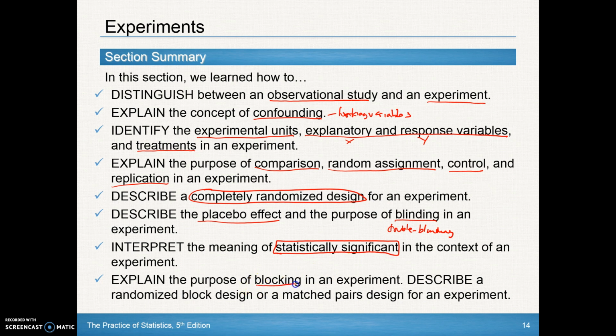And then the purpose of blocking an experiment, again, is to make sure that we do have representation from different groups. That's where we have the randomized block design versus a matched pairs design. A matched pairs design can be done one of two ways: either matching the experimental unit up with a similar one in the group, or simply doing both treatments on the same experimental unit.